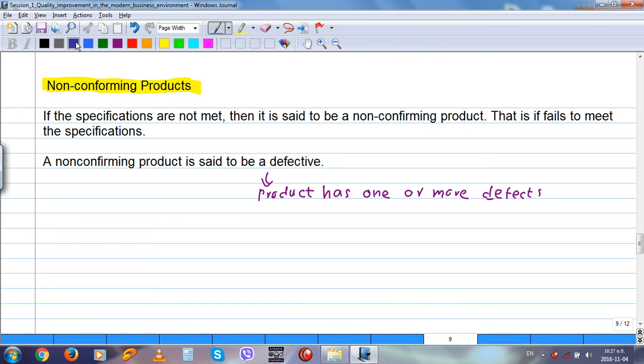If these defects are serious enough, then they may affect the safe use of the product.